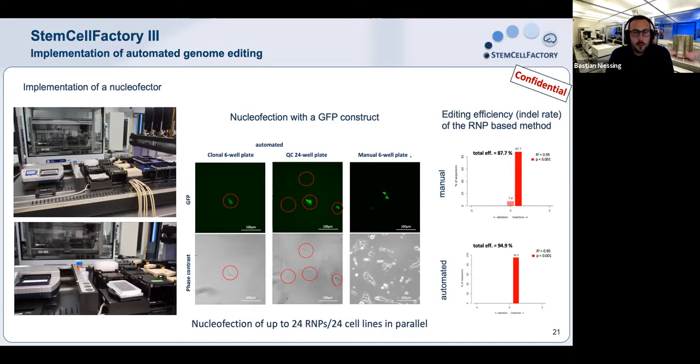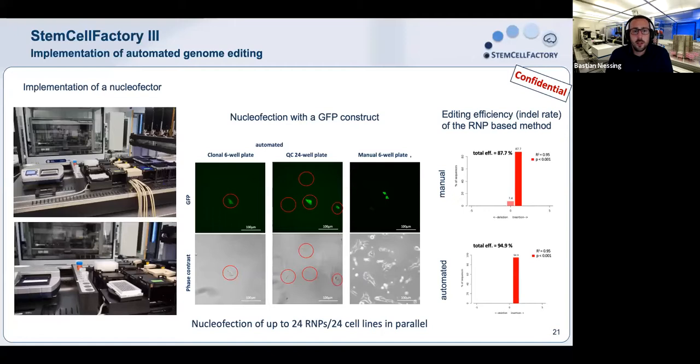Theoretically, we are able to do 96 genome editing reactions at once. But the thing is that we can't handle so many plates on the liquid handling unit. So we are limited by hardware to 24 wells. So we can handle 24 RNPs with 24 cell lines in parallel in one shot. We need about 20 to 30 minutes for this whole process.